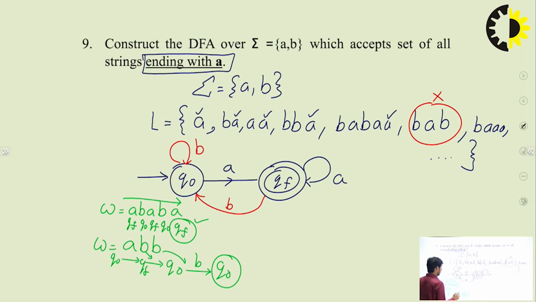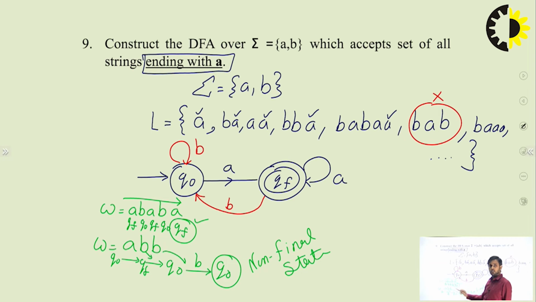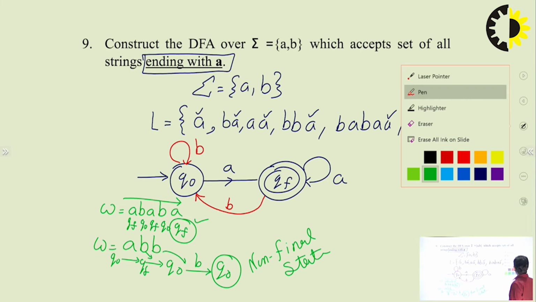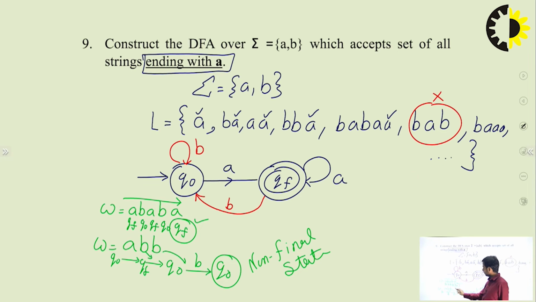This is the non-final state, so this string will not be accepted. This string will be accepted, this is not accepted. Now see the next example.